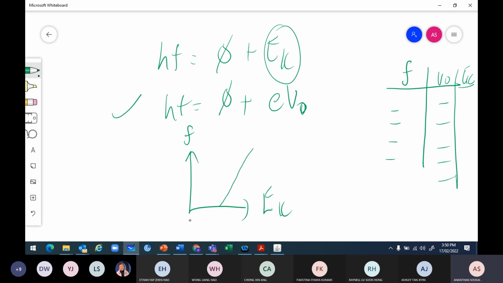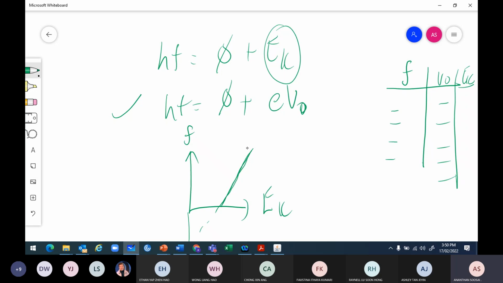If Millikan got a straight line, that means Einstein is correct. But Millikan really expected it would not be a straight line. He thought Einstein was wrong. But when he conducted the experiment, he got a perfect straight line.